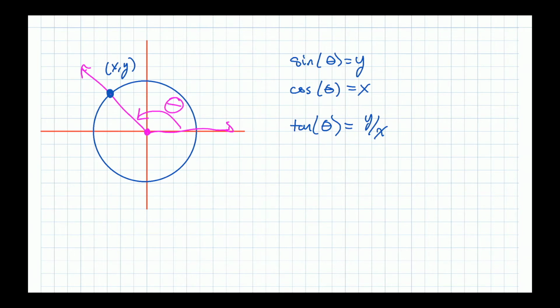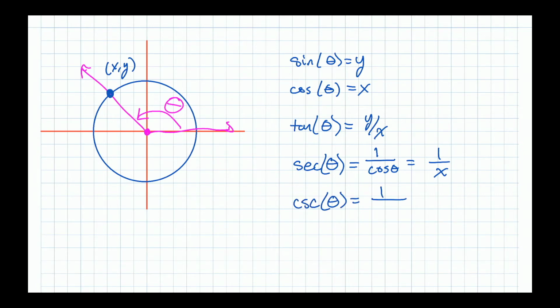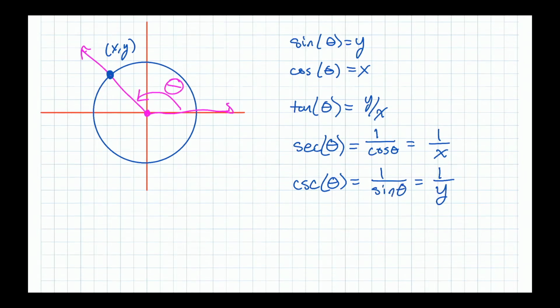We have three more. We've got a secant theta, which is 1 over the cosine theta, or 1 over x. We have the cosecant theta, which is 1 over sine theta. So that's 1 over y.